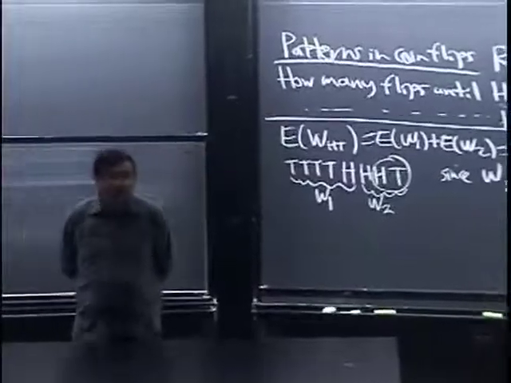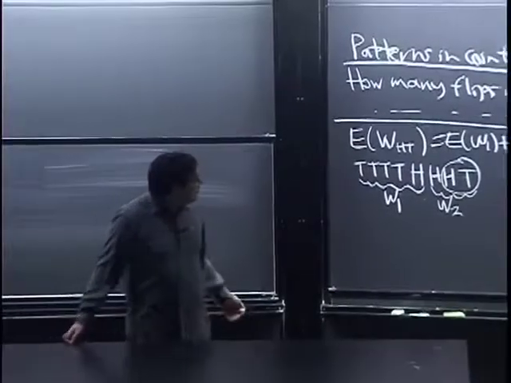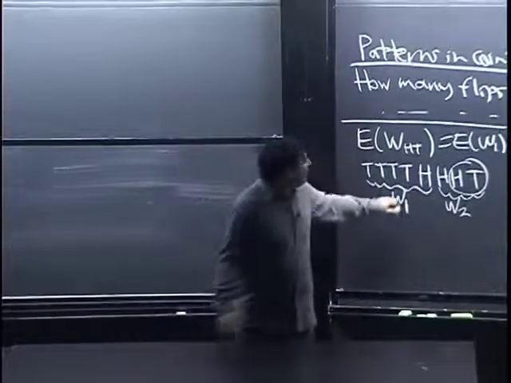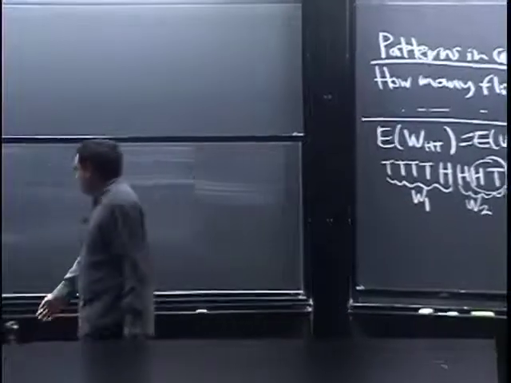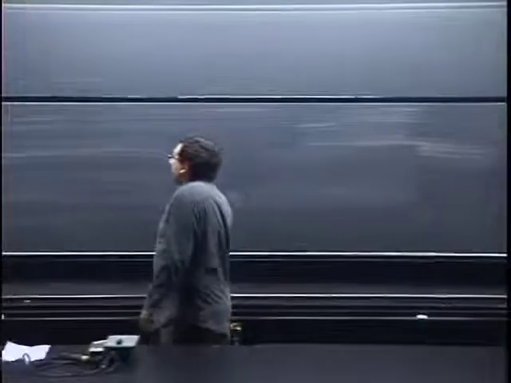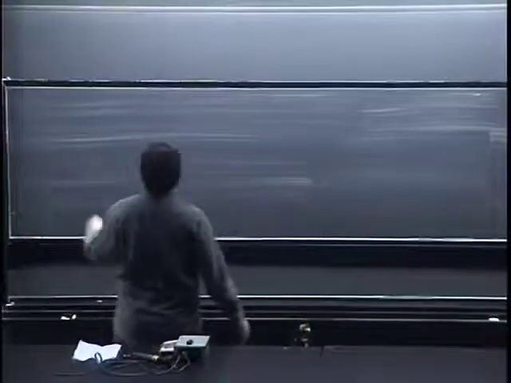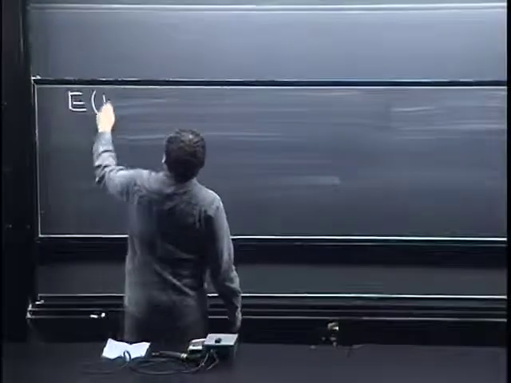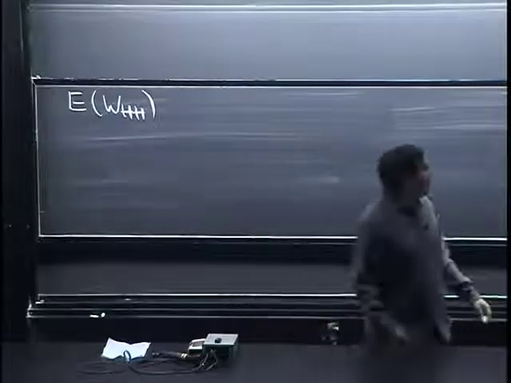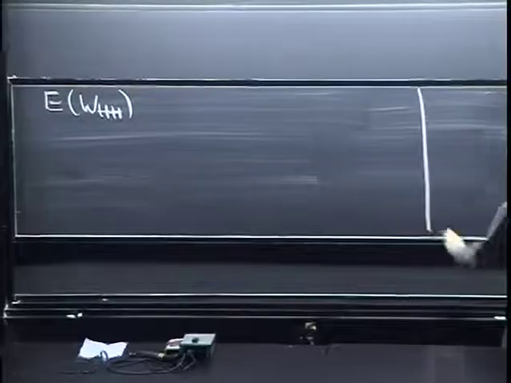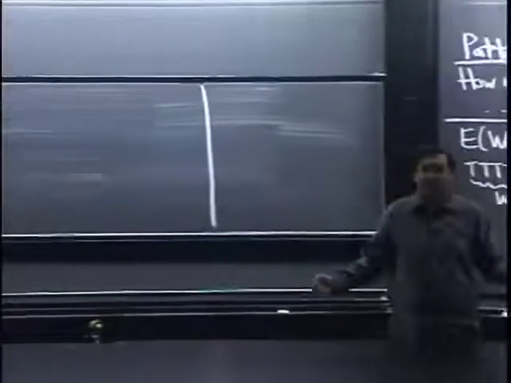Okay, so let's try to do the same thing with heads and see why that doesn't give us the same thing there. All right, so now we're going to do E of W of HH. And again, it really helps, for concreteness, to draw some little examples.